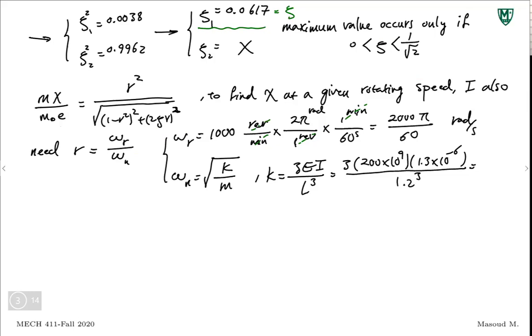That should give me the value for the stiffness. And that I got as 4.51 times 10 to the 5. Hopefully I got the numbers right.